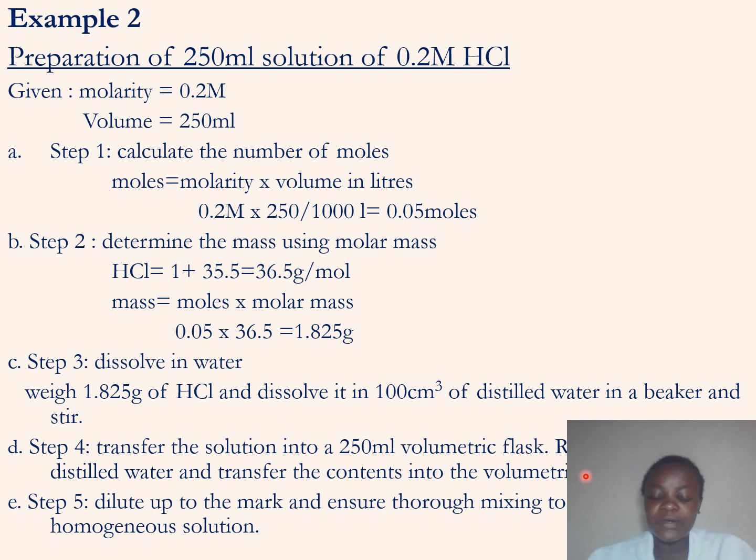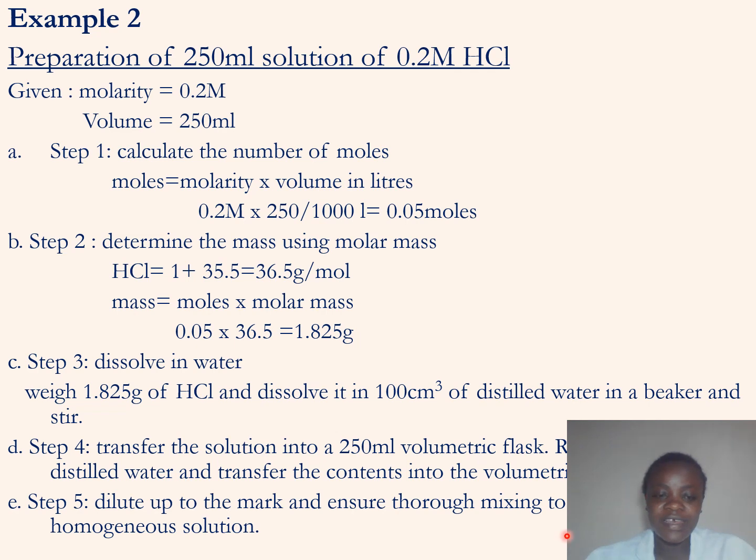This is done to ensure that all the hydrochloric acid that could have been left in the beaker is also transferred to the volumetric flask. So we rinse again with the distilled water and then transfer the content to the volumetric flask.